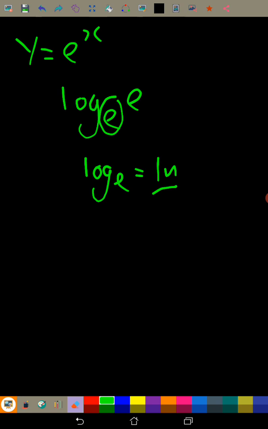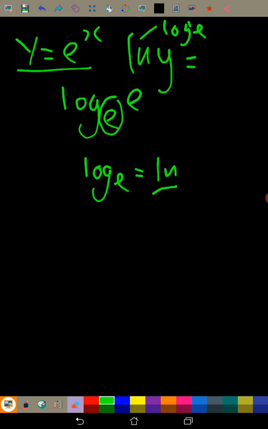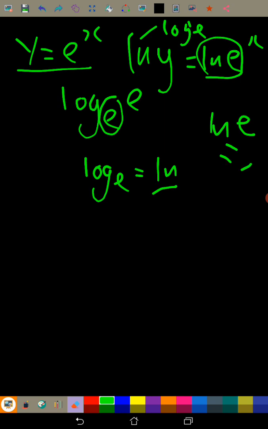And if we have this, we can say ln y, which is log_e, and then we log to the base e, and then we have ln e^x, so this is going to be 1. Ln of e is 1.